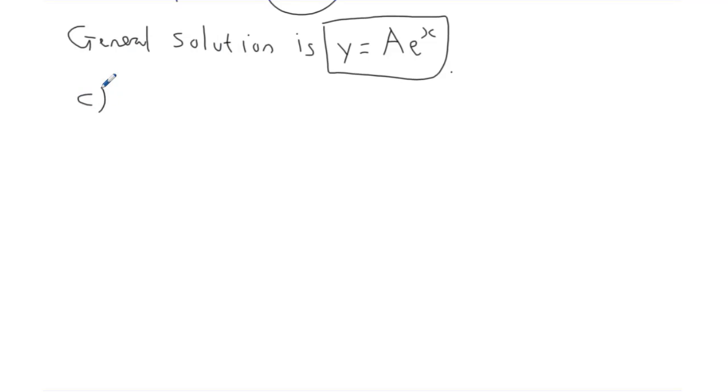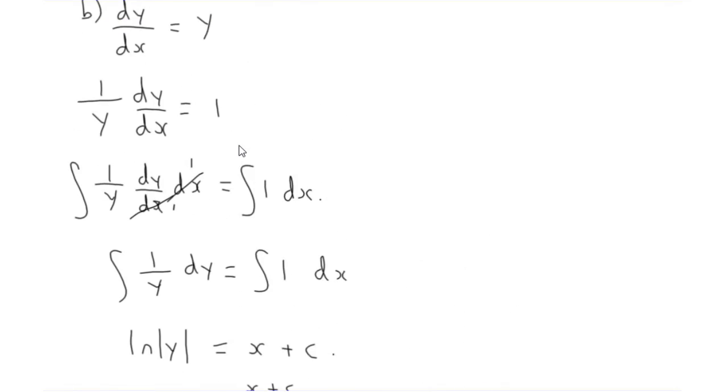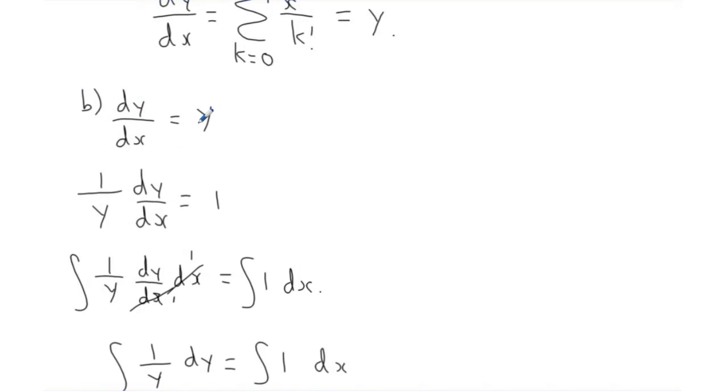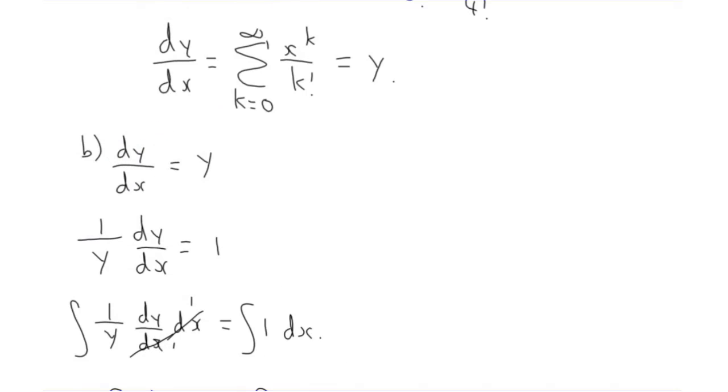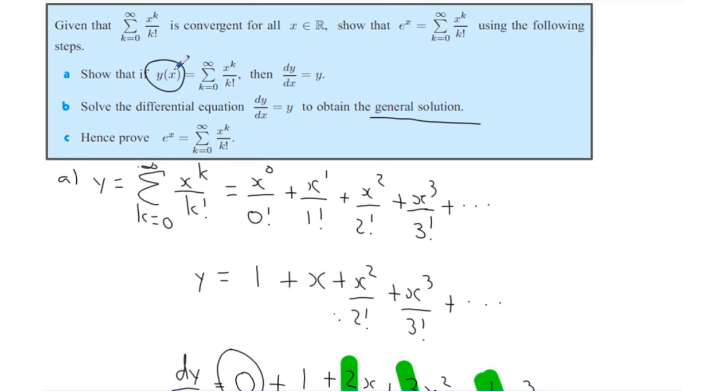Okay, on to part C. Right, so we have just found the general solution to dy/dx equals y, and we've also shown in part A that if y of x equals the sum from k equals 0 to infinity of x to the k over k factorial, then dy/dx equals y.